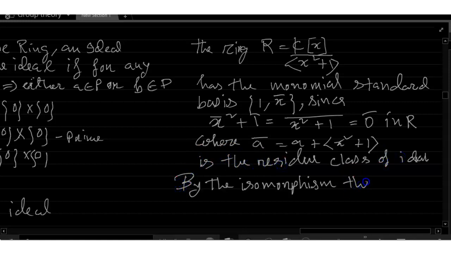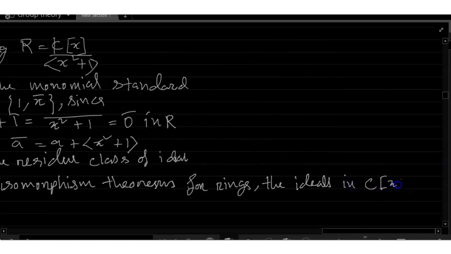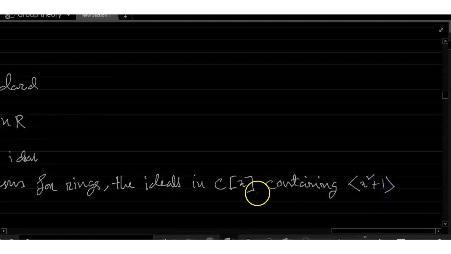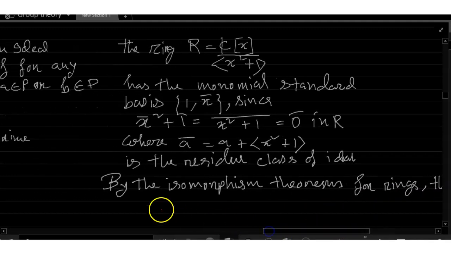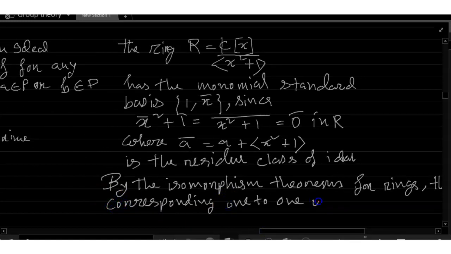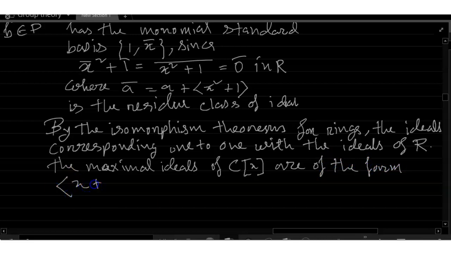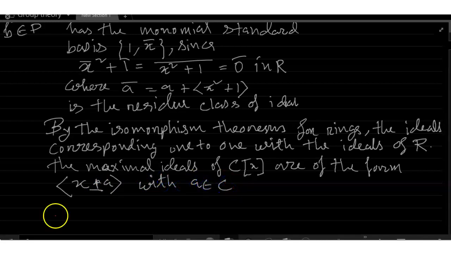By the isomorphism theorems for ring ideals, the ideals in C[x] containing x square plus 1 correspond one to one with the ideals, and the maximal ideals of C[x] are of the form (x minus a), with a belongs to C. So friends, my dimension is 2.